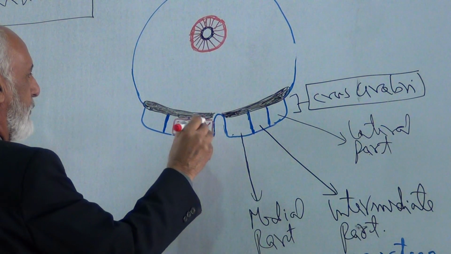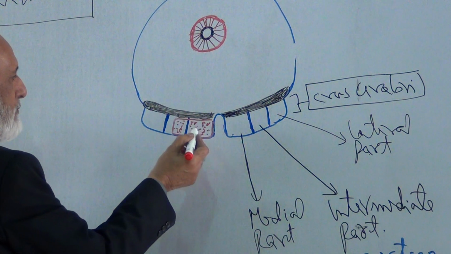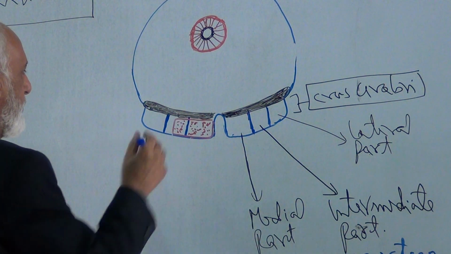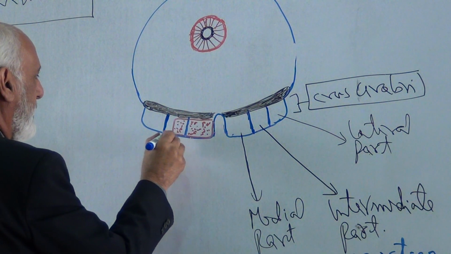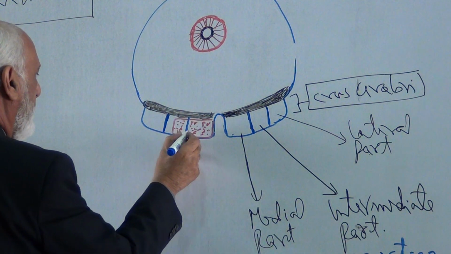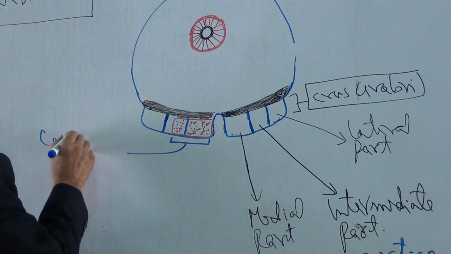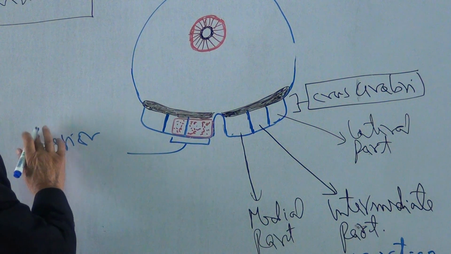The lesion involves the medial part and adjoining part of the intermediate portion of the crus cerebri. Lesion location.